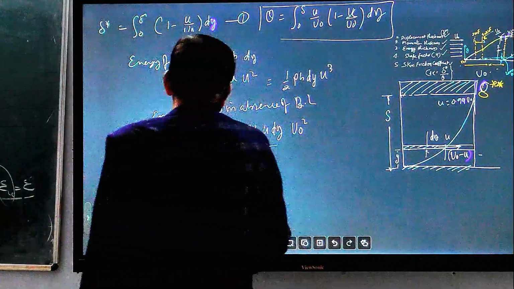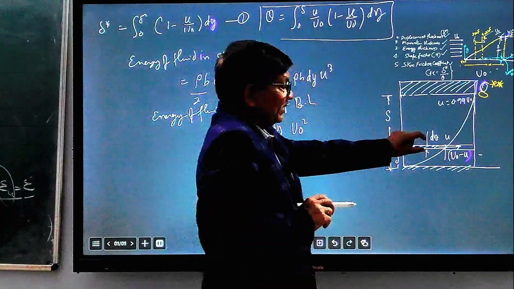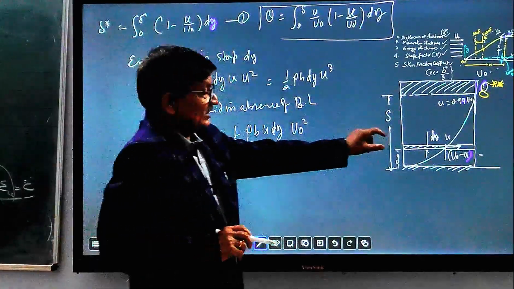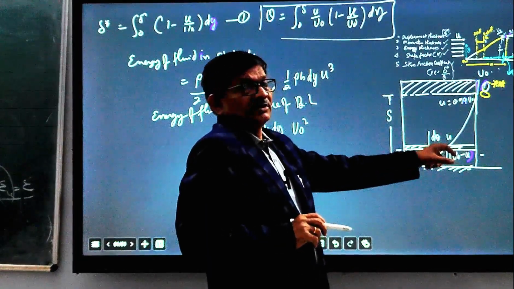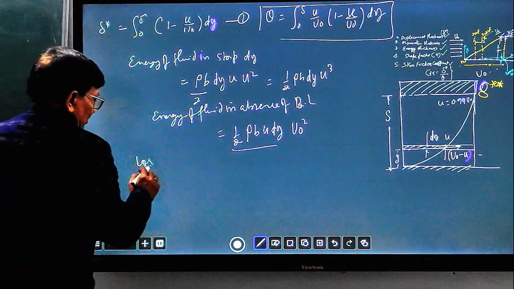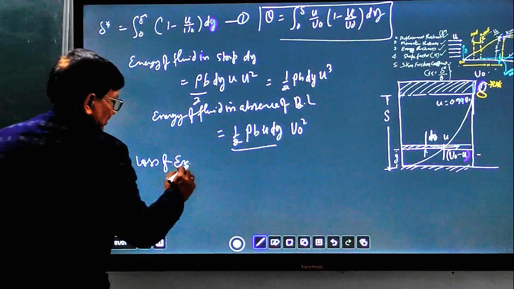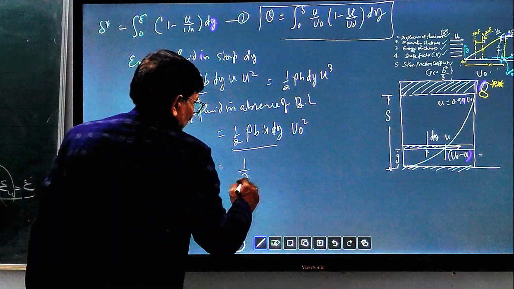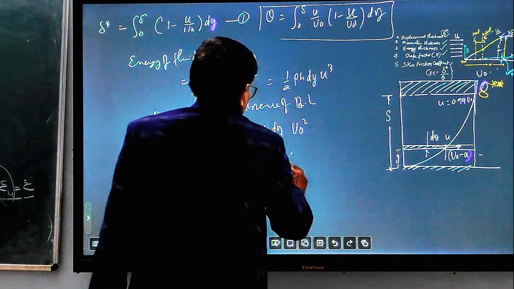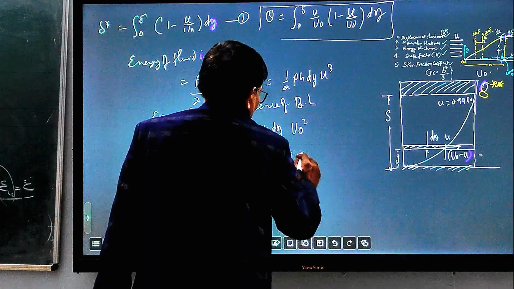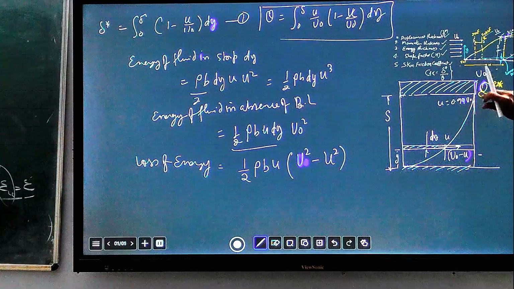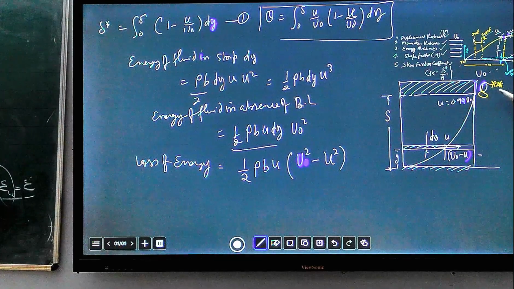So the loss of energy in this strip due to presence of the boundary layer, the loss in energy of this fluid within this strip due to formation of the boundary layer, equals 1 by 2 rho B U common, and taking U common we find U naught square minus U square, and this loss of energy will be displaced by the thickness.